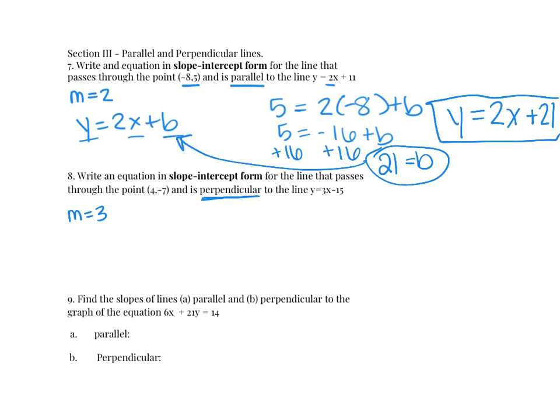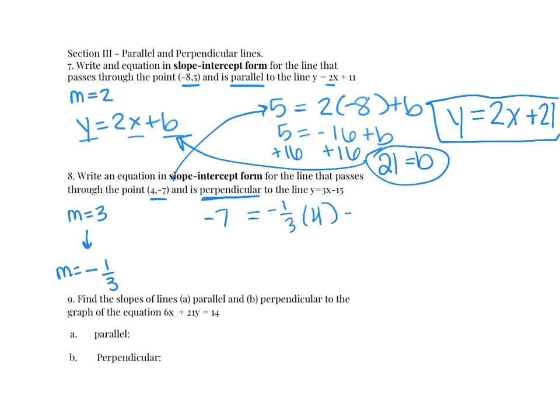But for my new line, I need the opposite reciprocal of this, so the opposite is going to be negative because it's a positive, and then the reciprocal of 3 is going to be 1/3.